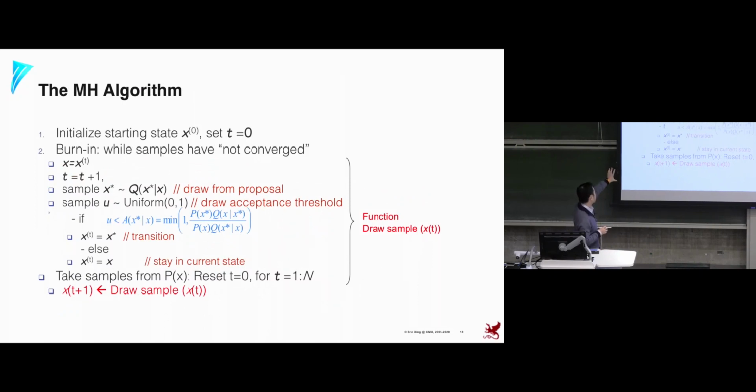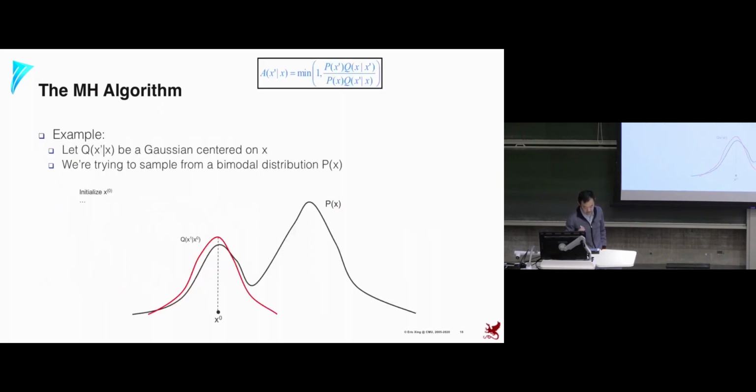So this is just an algorithm that you can implement for any distributions Q and P, and here is a simulation of how the behavior looks. Remember we have this acceptance ratio defined like this, and you initialize from somewhere. You start with a very bad Q, which is covering just one of the modes inside a complex target.